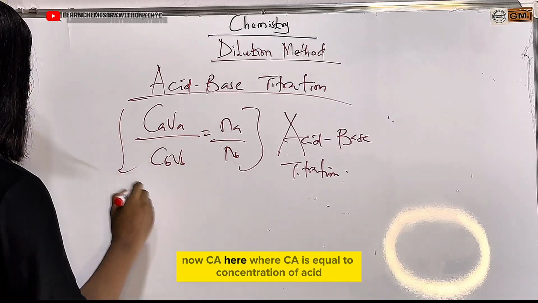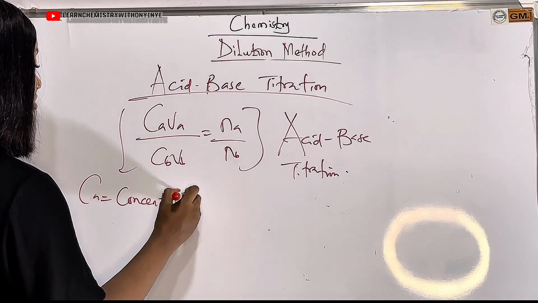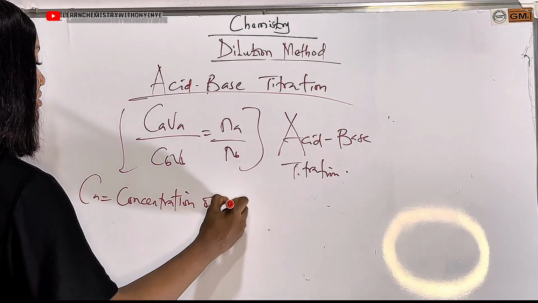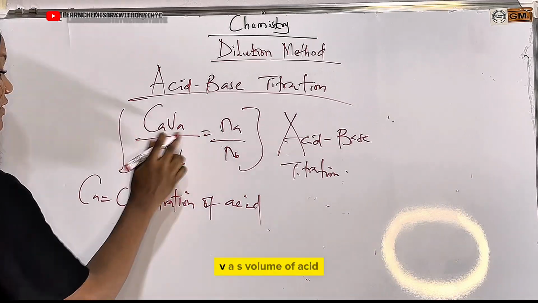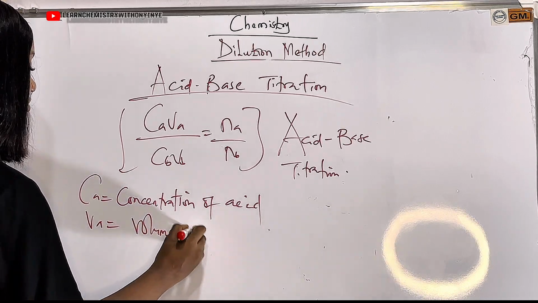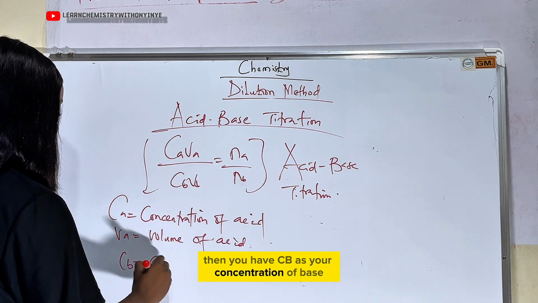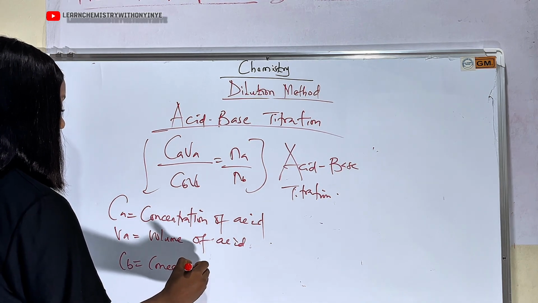Now, CA here is the concentration of acid, VA is volume of acid. Then you have CB as your concentration of base.